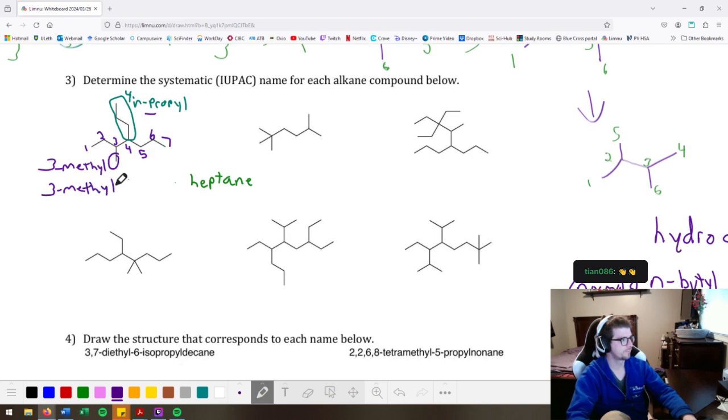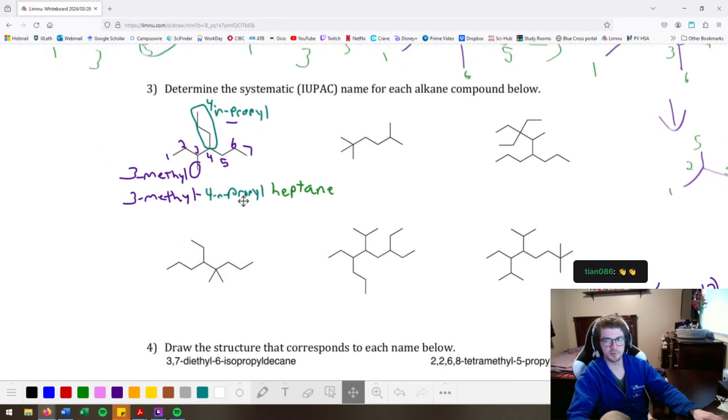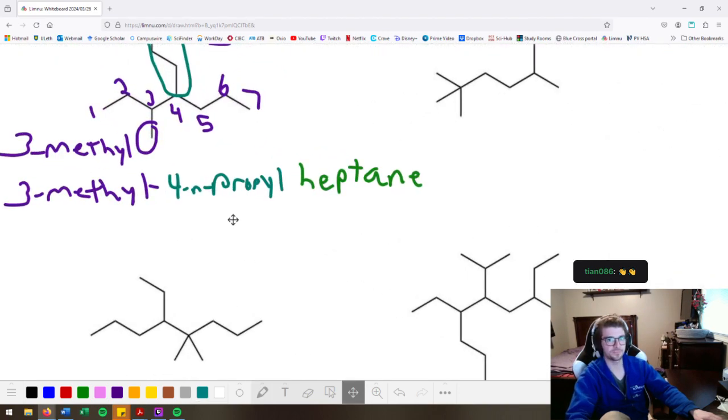3-methyl dash 4-N-propyl heptane. Okay, so that is looking a little small on my screen, so I'm going to zoom in on that.